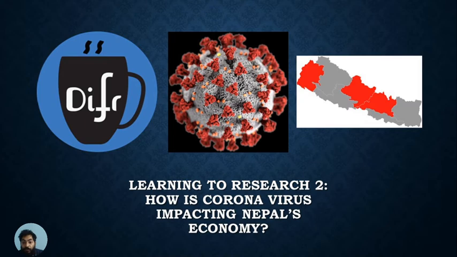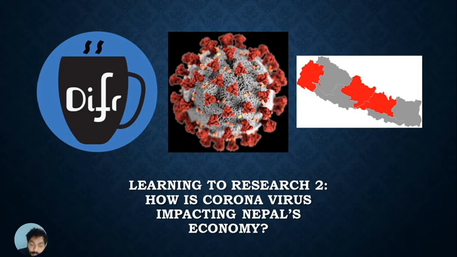I'm not personally interested in doing research on this because there's already other types of research being done. I think there was this actual company research on coronavirus impact in Nepal's economy.